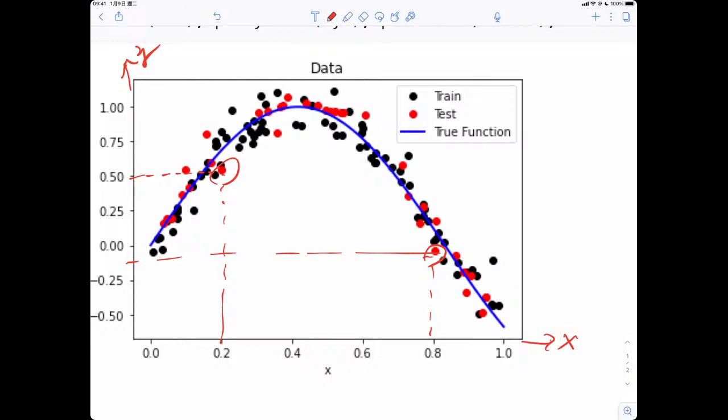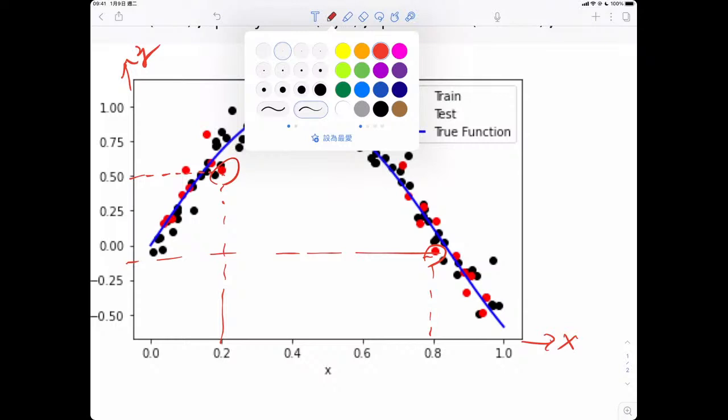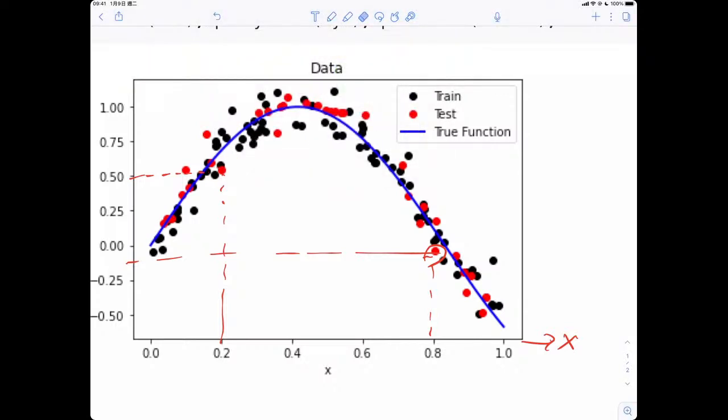But sometimes, as I think we talked about last week, when you collect those data points, one problem is that your training data points, the black dots, do not quite fit the true function. That means you have bias. One of the problem situations might be like this.